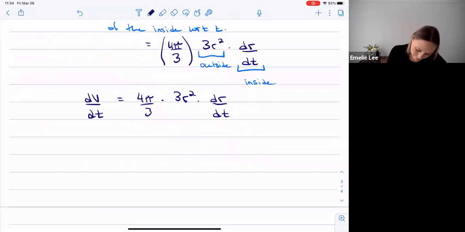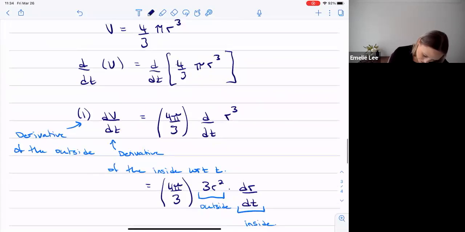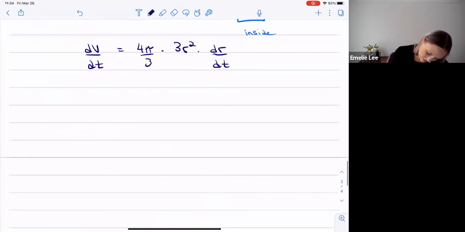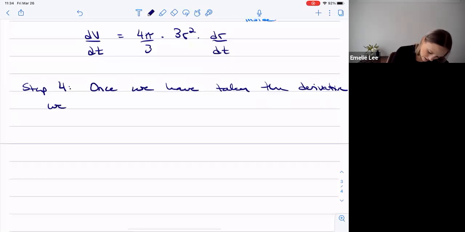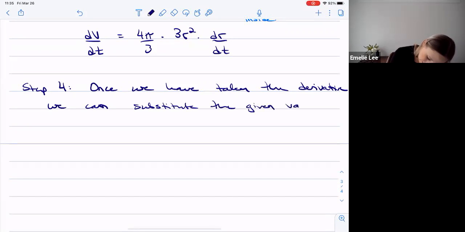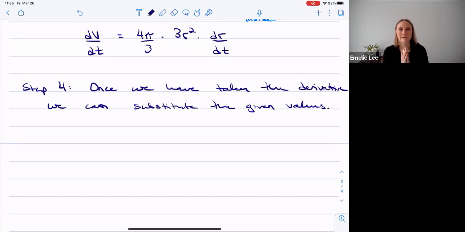Step 4: once we have taken the derivative, we can substitute the given values, but not until we've taken the derivative.